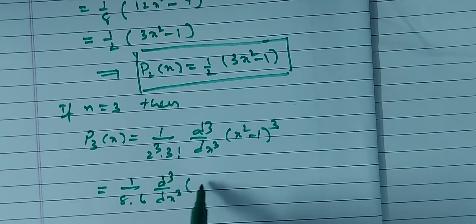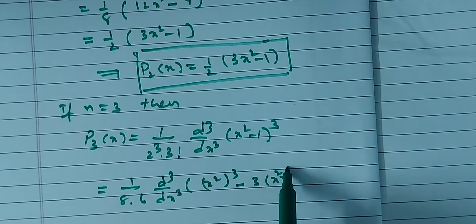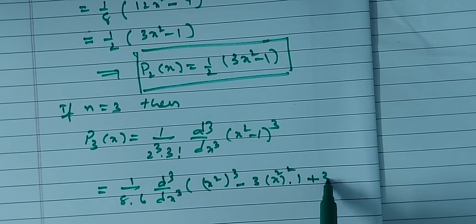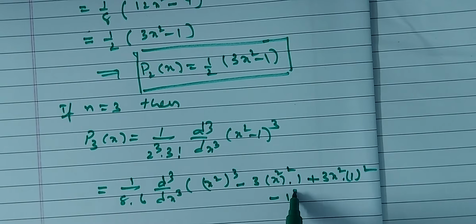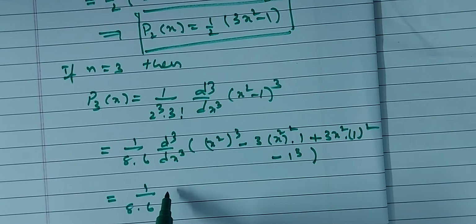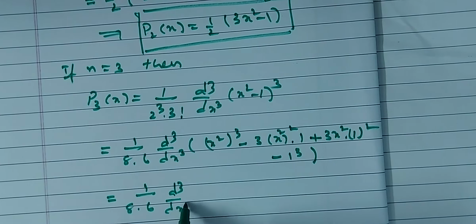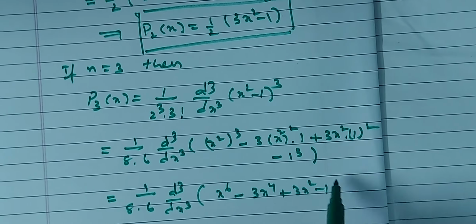Using a minus b whole cube formula, this expands to x power 6 minus 3x power 4 plus 3x square minus 1.